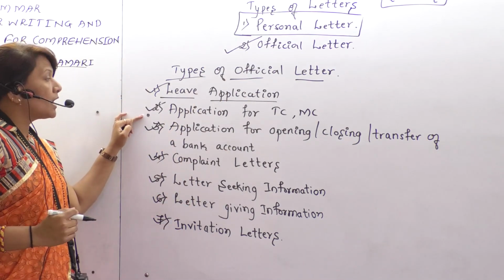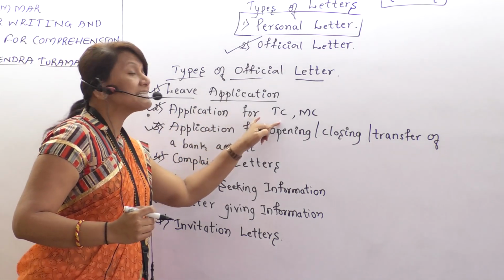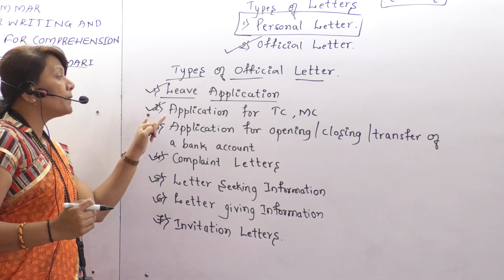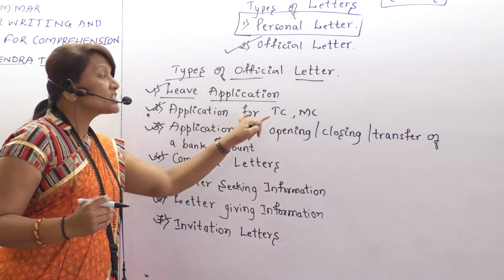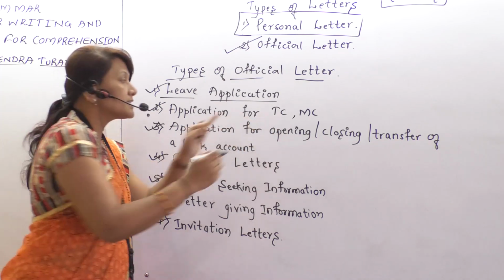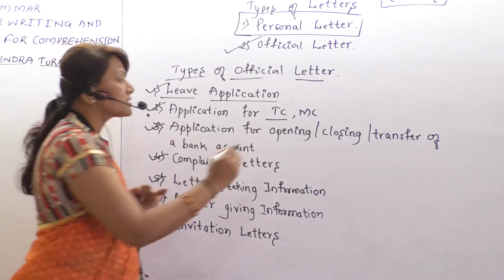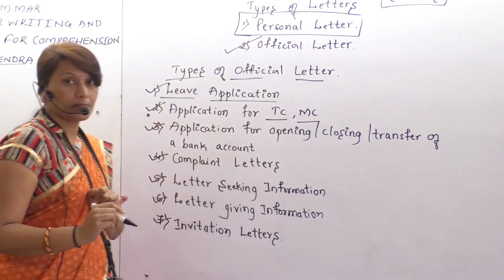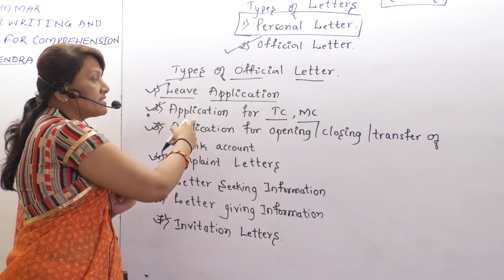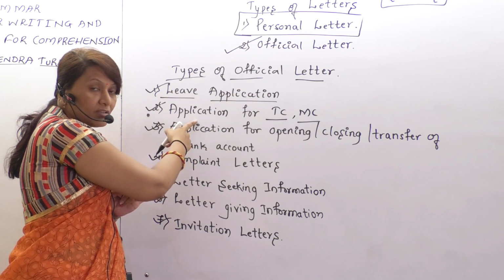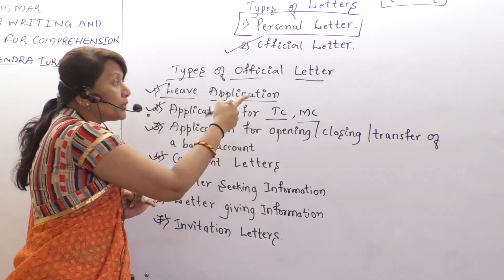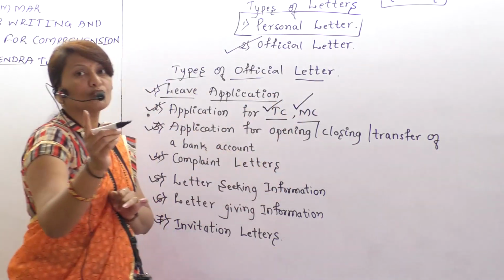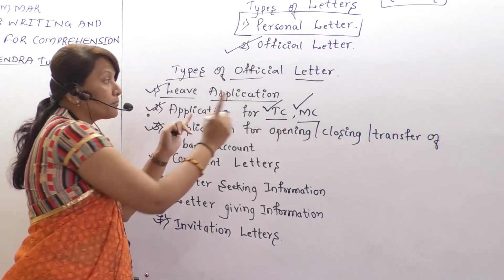The second one is application for TC or MC. The second one is application for transfer certificate, TC, or migration certificate, MC. The second official letter is an application which is written to issue a TC or else a migration certificate. It is important.